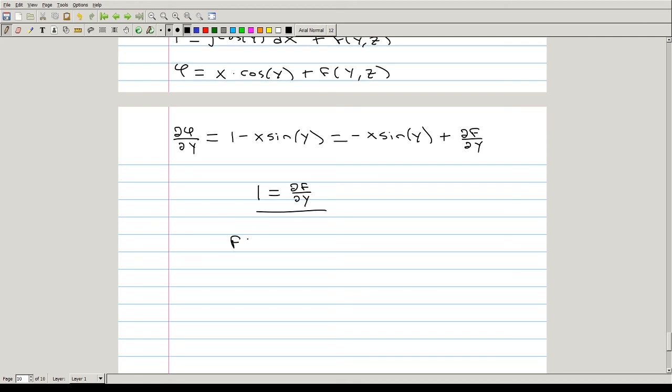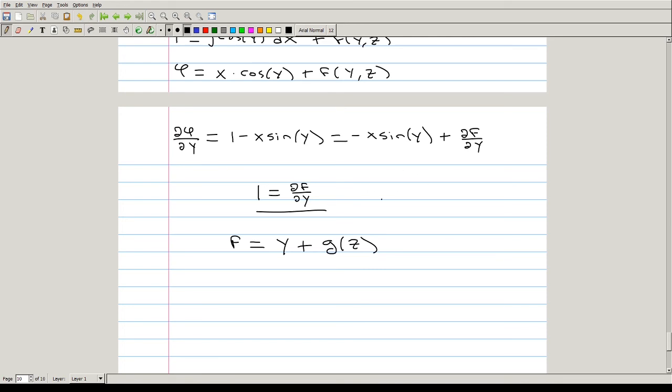f itself has to be equal to y plus some general function g of z. Right?